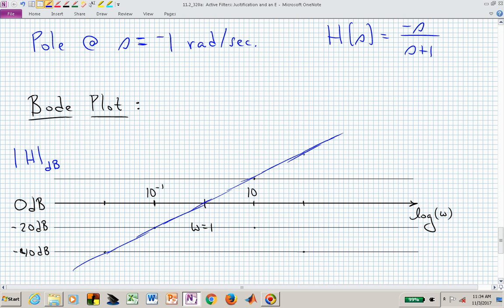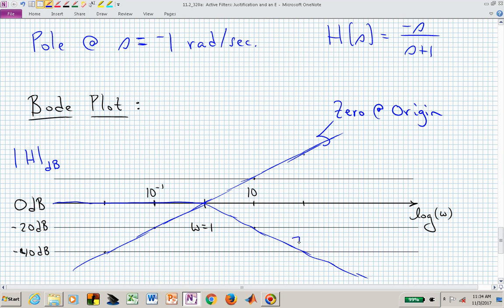There is the component of our Bode plot that's due to the 0 at the origin. We also have a pole at 1, and that's going to be flat until we reach omega equal to 1, and then it will start rolling off at 20 dB per decade.